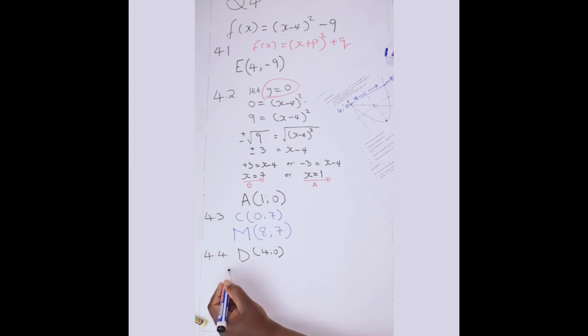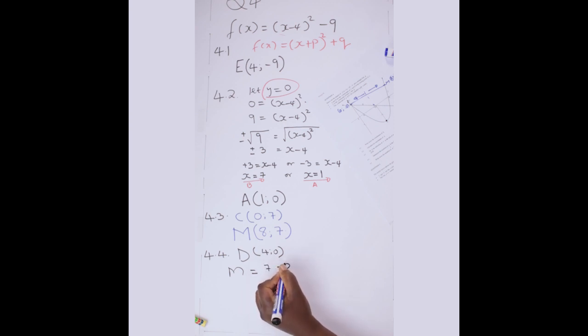So the gradient, therefore, is going to be equal to the change of y, which is 7 minus 0, over the change of x, which is 0 minus 4. That will give us negative 7 over 4. That is our gradient. And then from there, we will substitute either one of the points, either C or D, to get to our equation.